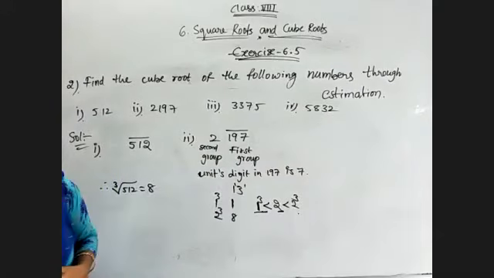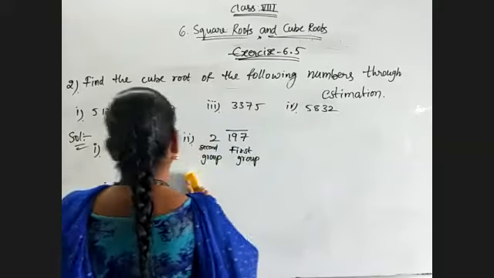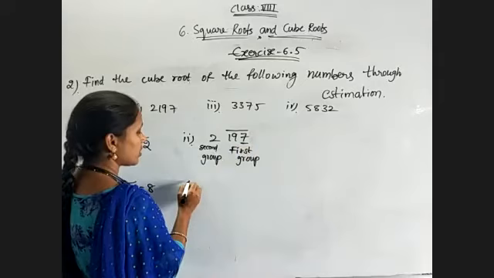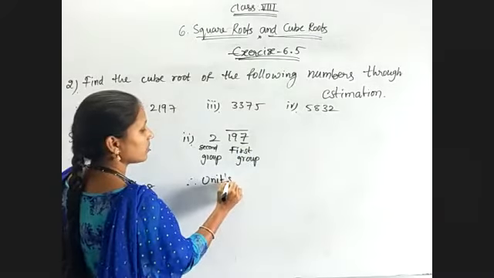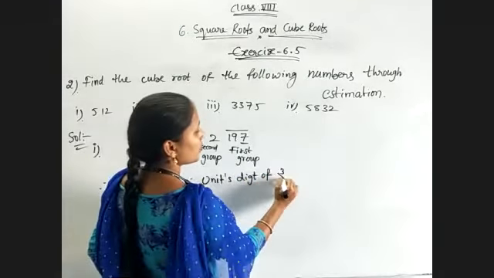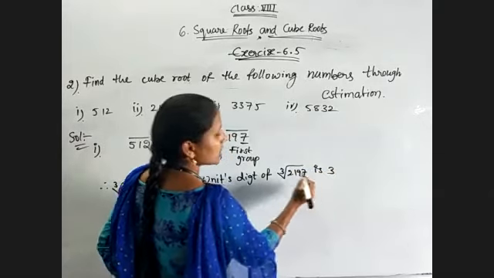Don't confuse. Because 7 is there in the first group, therefore the unit digit of the cube root of 2197 is 3 because of this 7.